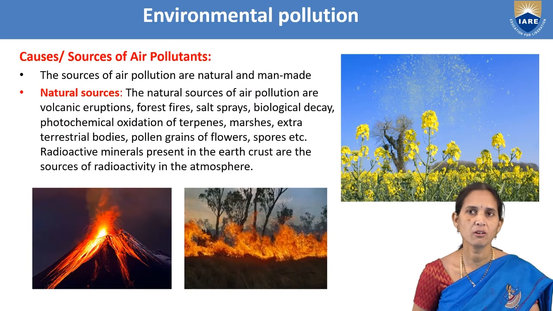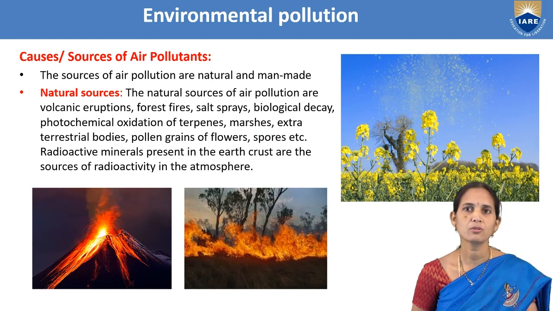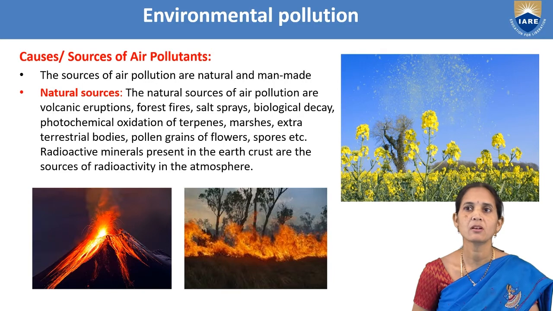And here, what are the causes of air pollution and what are the sources of air pollution? The sources of air pollution are natural and man-made. The natural sources of air pollution are volcanic eruptions, which we can see in the diagram, and also forest fires, salt sprays, biological decay, photochemical oxidation of terpenes, marshes, extraterrestrial bodies, and pollen grains of flowers.